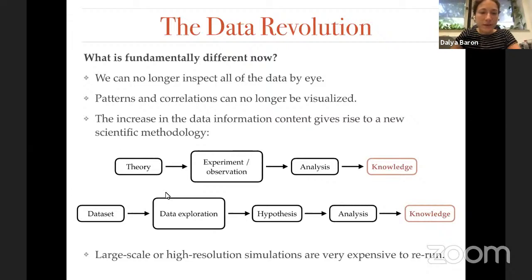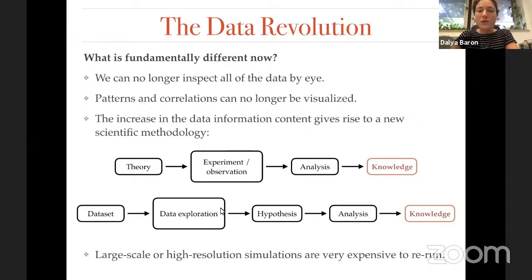The traditional scientific methodology is hypothesis-driven science. We start with a theory or a scientific question, and then we design some sort of an experiment or perform an observation, which we then analyze and extract knowledge from. This is how we learn new things. Since the information content in the data increased dramatically, we now have data-driven science as an additional scientific methodology where we actually start with the data set.